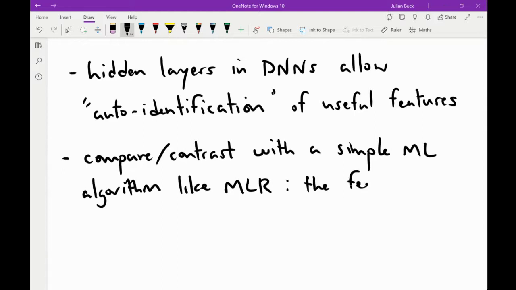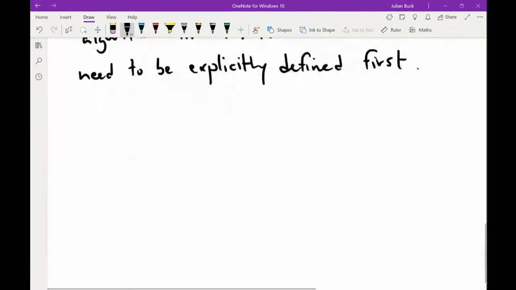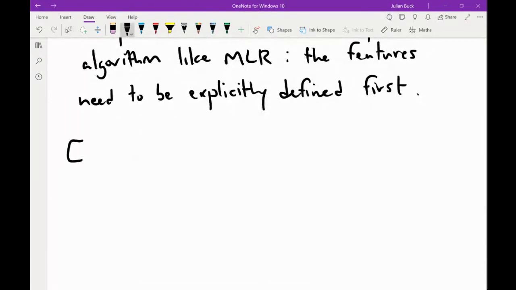The features need to be explicitly defined first. So what do we mean by that? Well, let's talk about an example. Let's go back to the MNIST digit recognition problem.